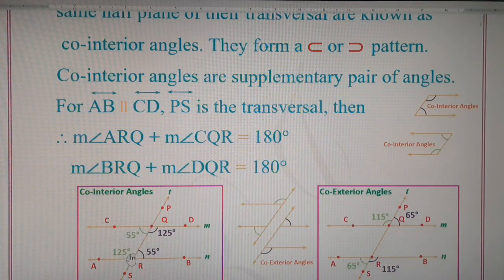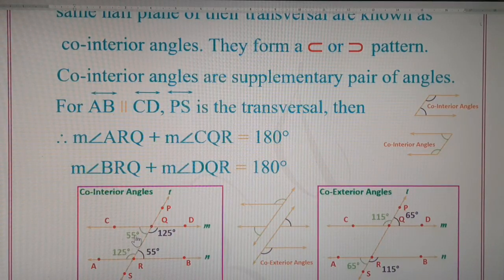So if one of them is given as 125 degree, we can calculate and find out that the other angle will be 55 degree because 125 plus 55, their sum total will be 180 degree. So co-interior angles are supplementary pair of angles.